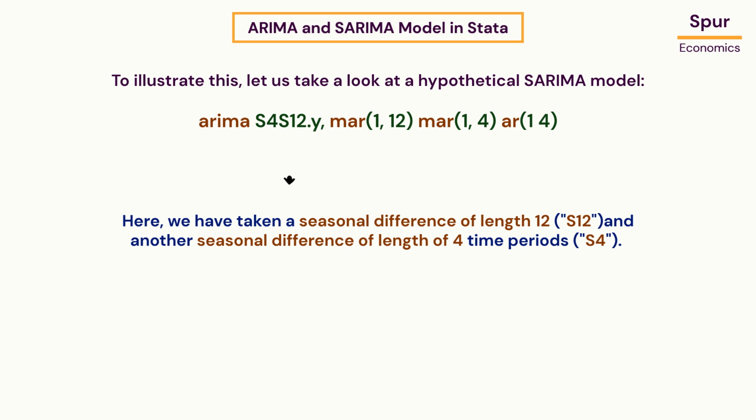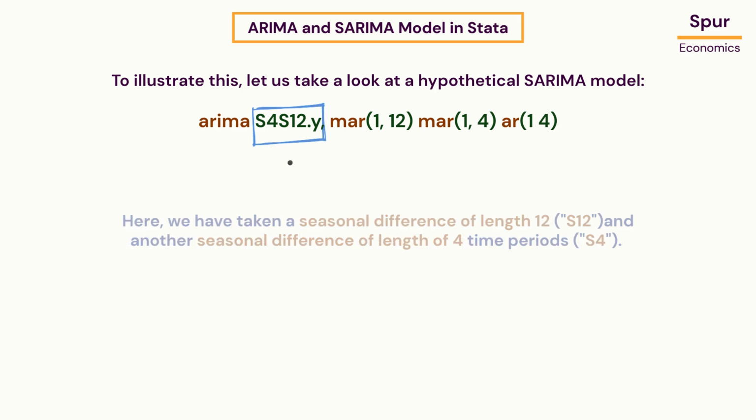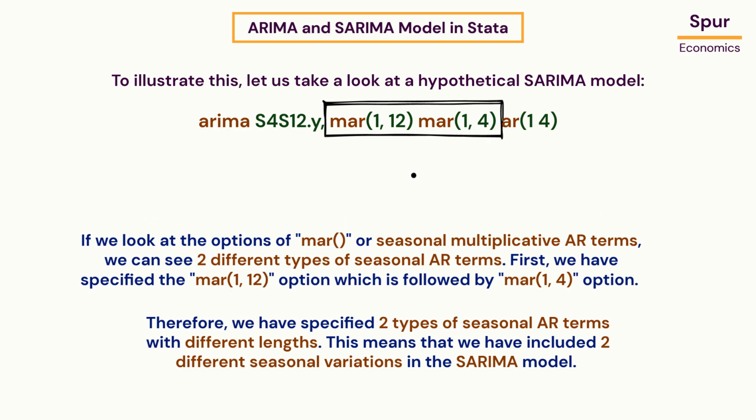To illustrate this, let us take a look at a hypothetical SARIMA model. Here, we have taken a seasonal difference of length 12 and another seasonal difference of length of 4 time periods. If we look at the options of MAR or seasonal multiplicative AR terms, we can see two different types of seasonal AR terms. First, we have specified the MAR1-12 option, which is followed by MAR1-4 option.